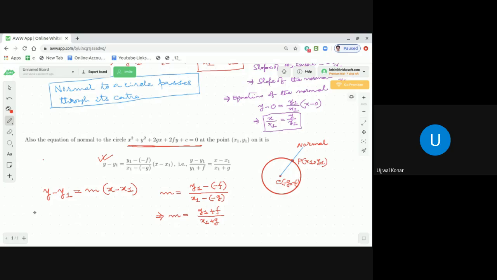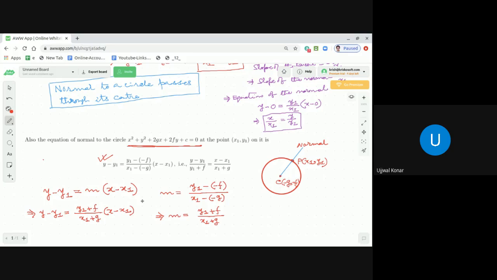Now that value of m we are going to apply here. So then we get y minus y1 is equal to m, which we just found, y1 plus f divided by x1 plus g into x minus x1. Correct?